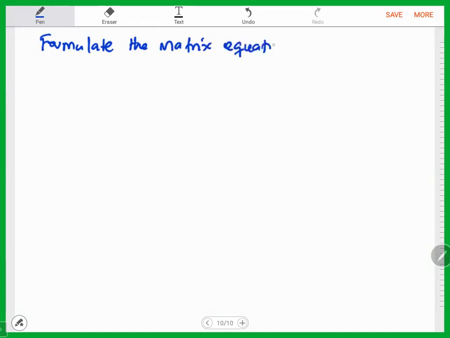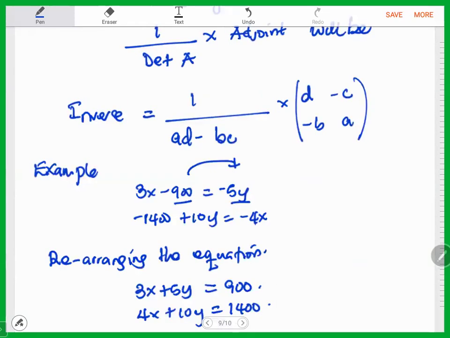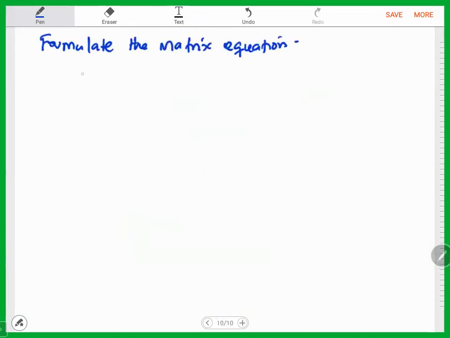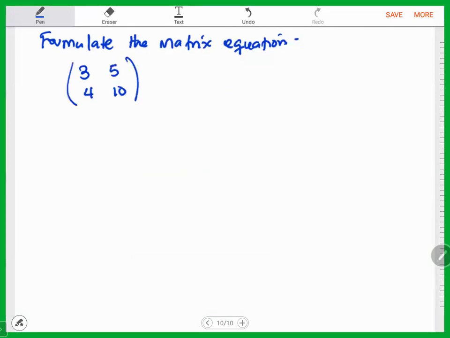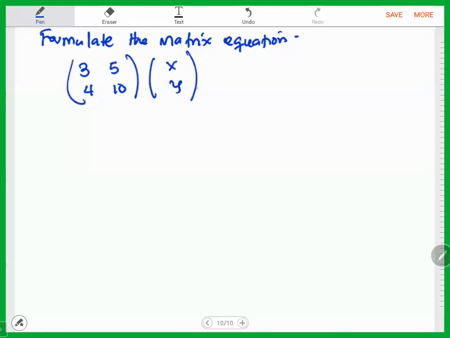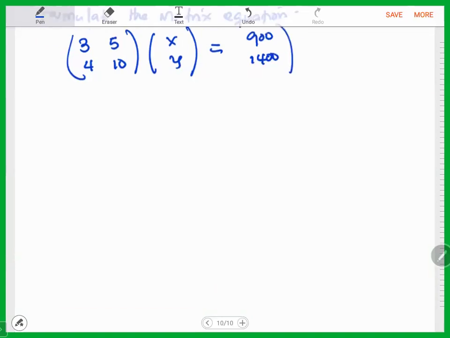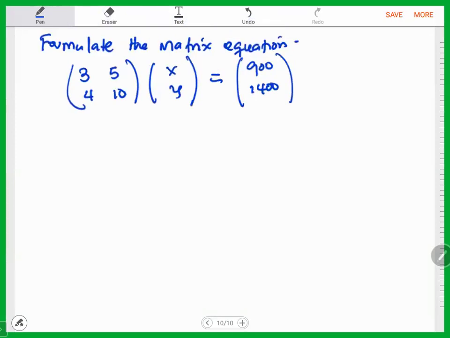So we have from here 3, 4, 5, 10 into x, y equal to 900, 1,400.